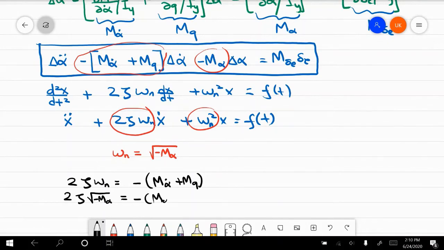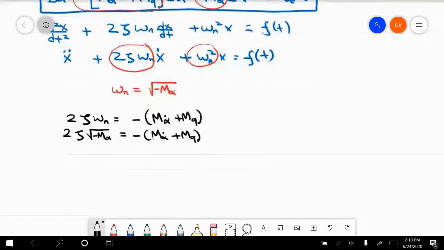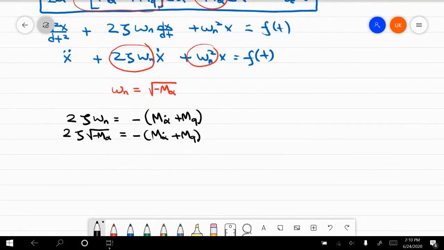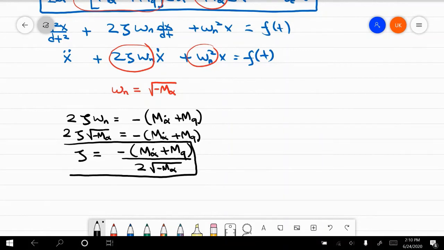So we get this, and that means zeta is equal to minus M alpha dot plus Mq over 2 times the square root of negative M alpha. So this is the natural frequency.